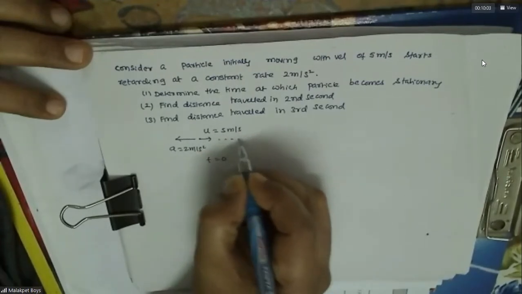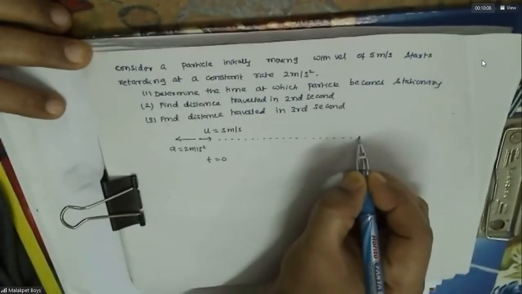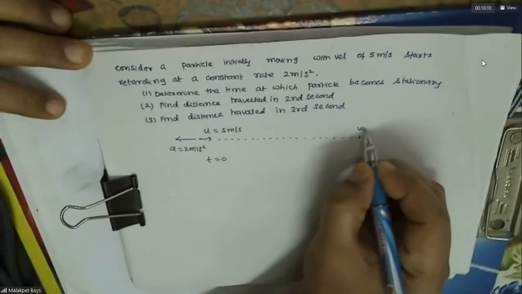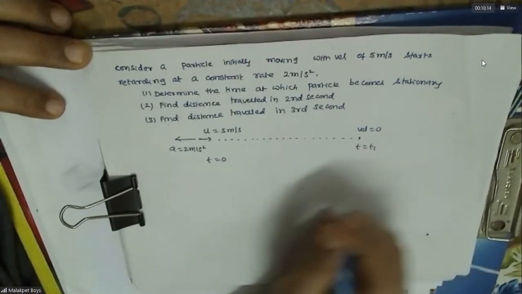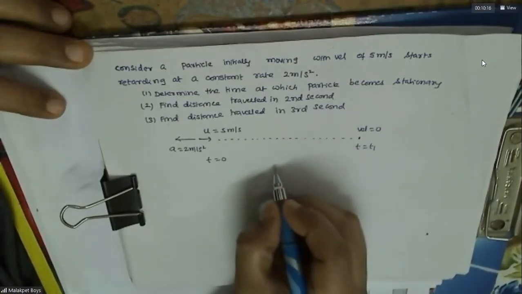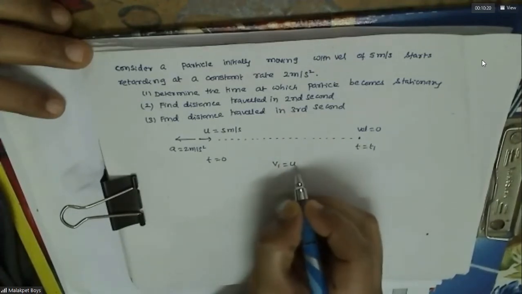So you know that when the acceleration vector and velocity vector are in opposite directions, at some point the velocity becomes zero. Remember? Yes, sir.